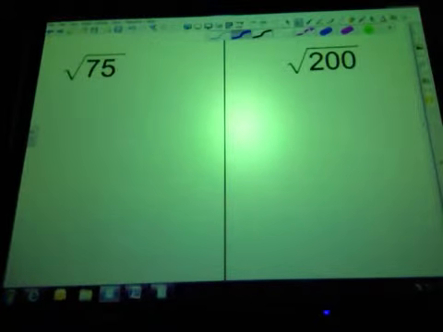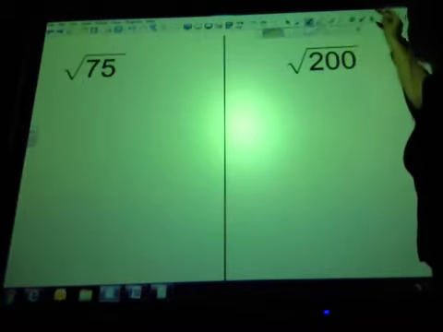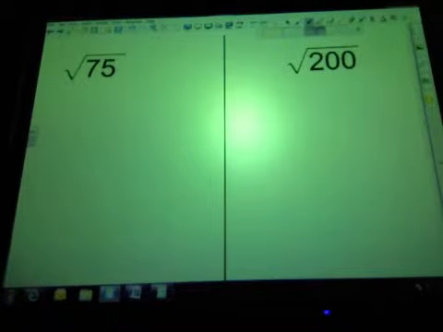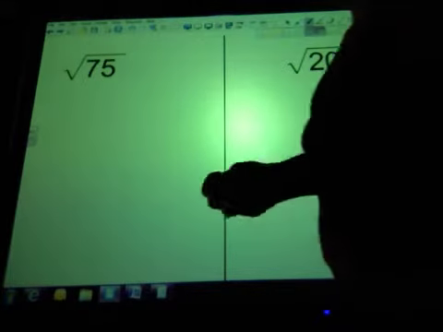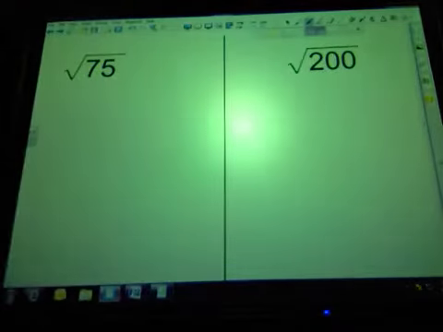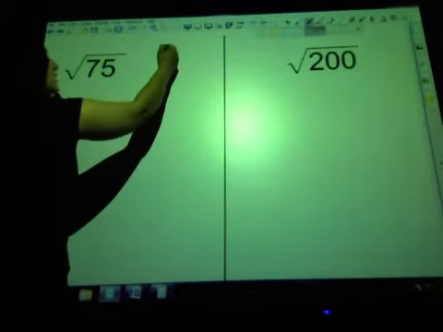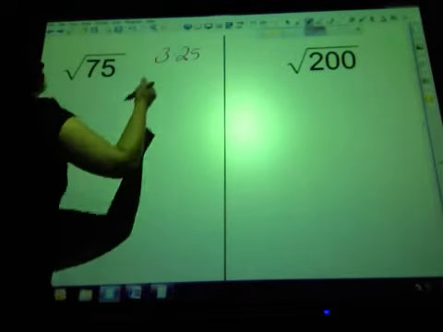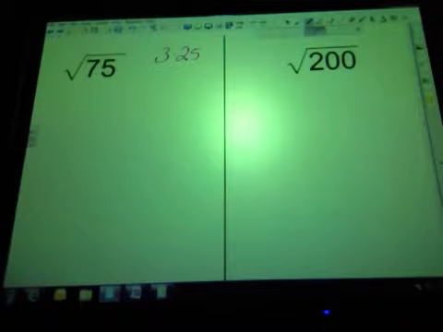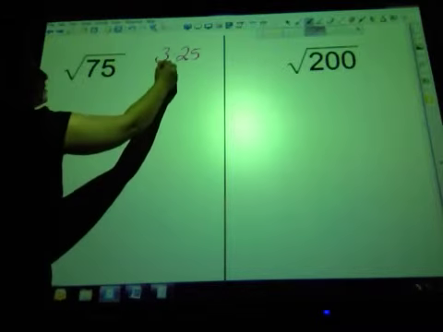So on this one we have square root of 75 and square root of 200. With the square root of 75, I want to think about what numbers do I know that go into 75? Well, it's not an even number, so 2 doesn't go into it. Then I think, does 3 go into 75? Yeah, 3 times 25 is 75. Does 4? No. Does 5?